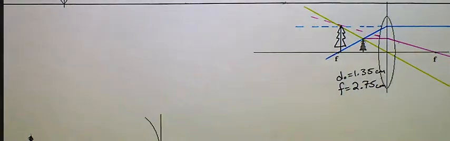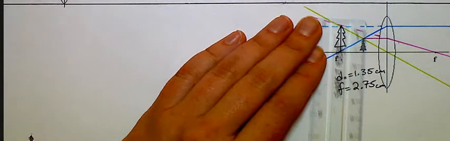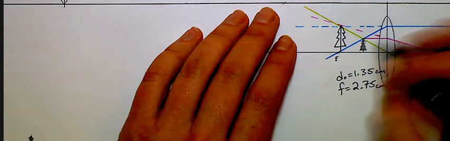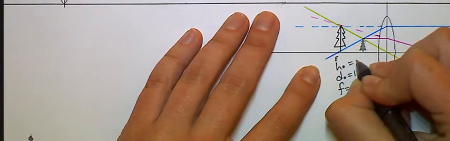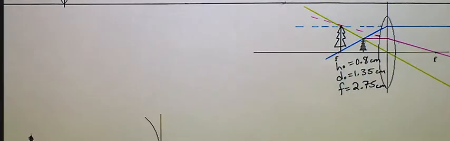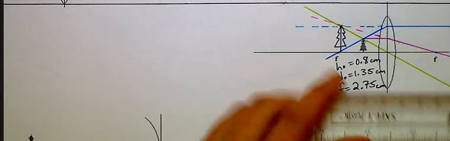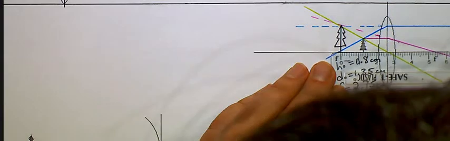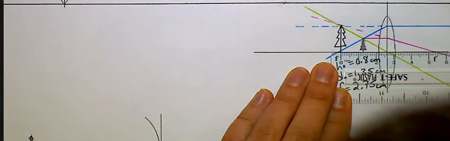And the height of my object is 0.8. All right, let's go ahead and measure the height and distance to the image, and then we'll do the math and compare. It looks like 2.6.